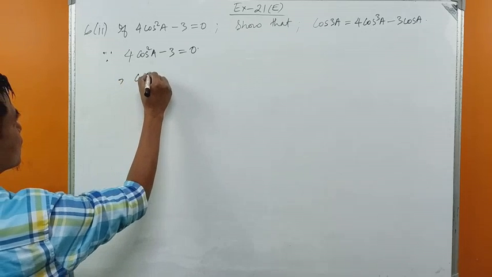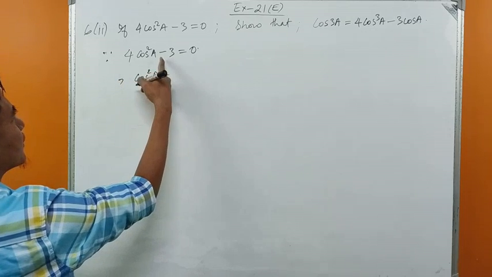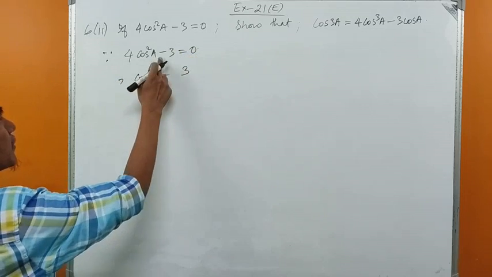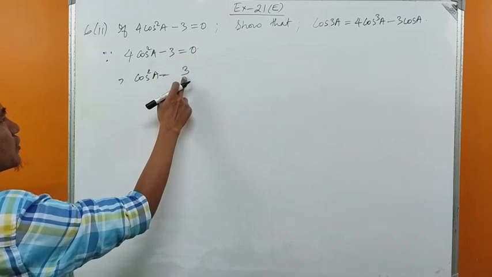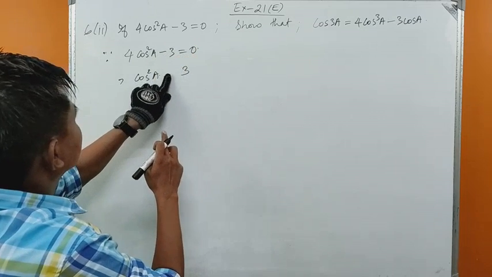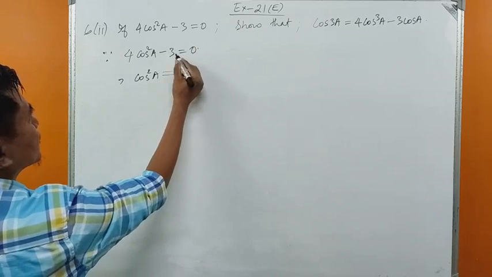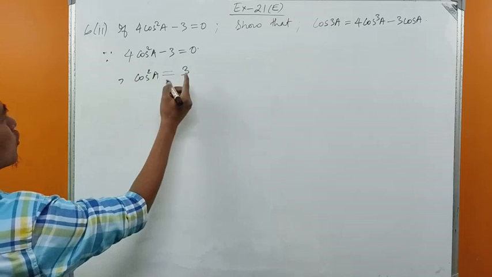Or cos square A equals to, let us take this minus 3 to the right hand side, becomes plus 3, isn't it? This is equal to 3, and this 4 goes to the denominator.